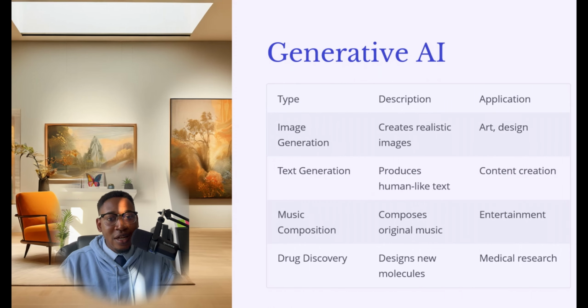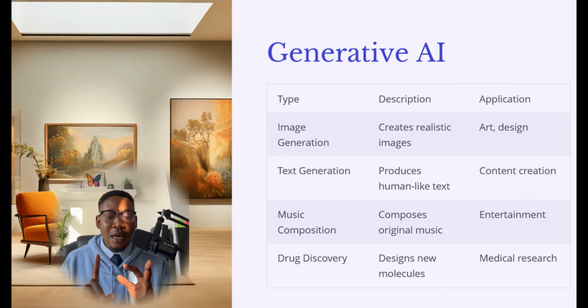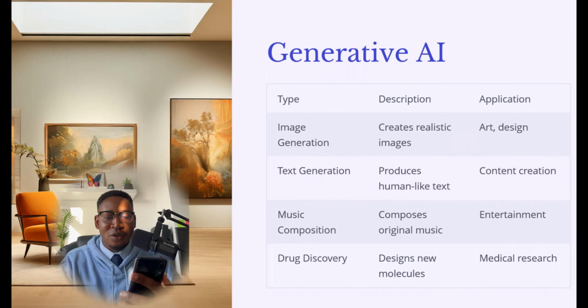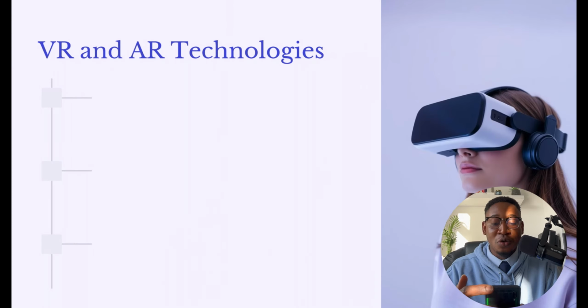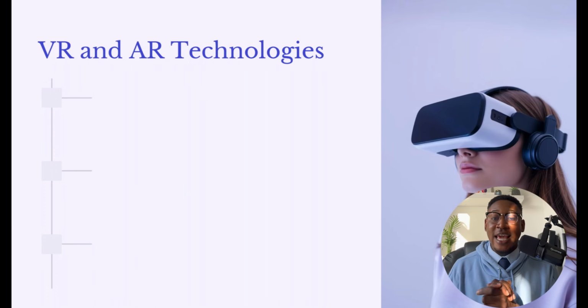Now, for a company like that to say they are moving, it means that there is something about it. So they are already preparing themselves for the future. So it's able to generate image, text, music, and drug discovery. I mean, just download ChatGPT and play around with it. You're gonna love it.